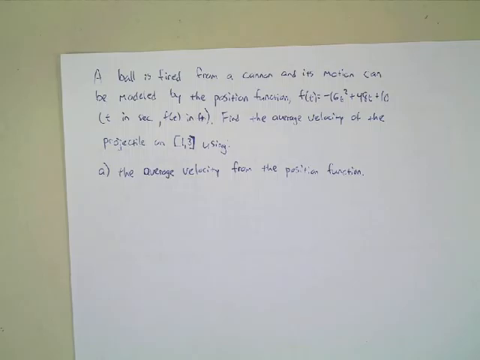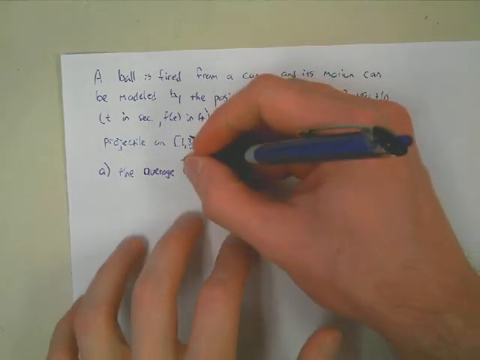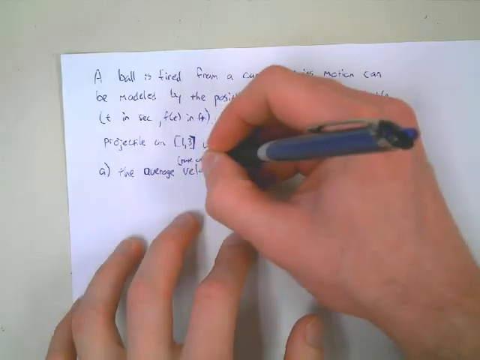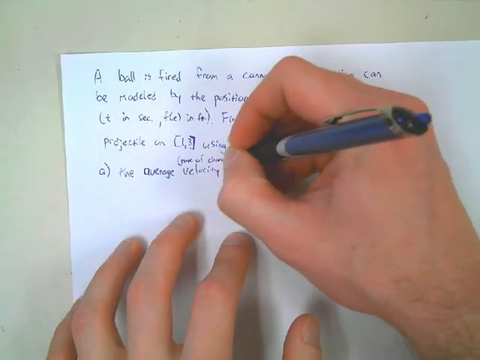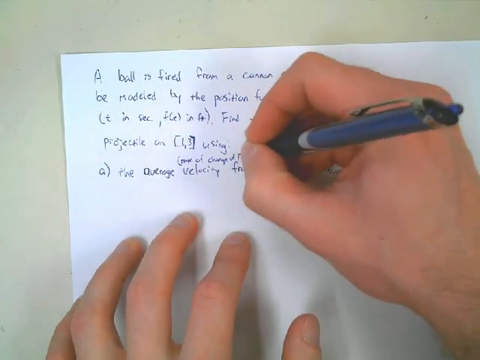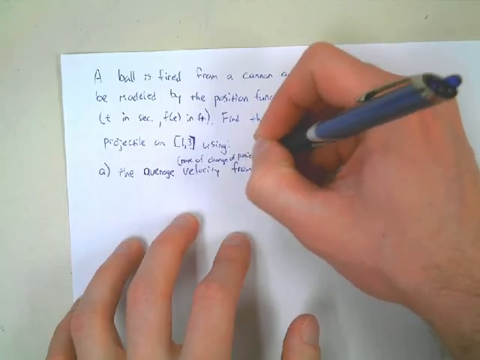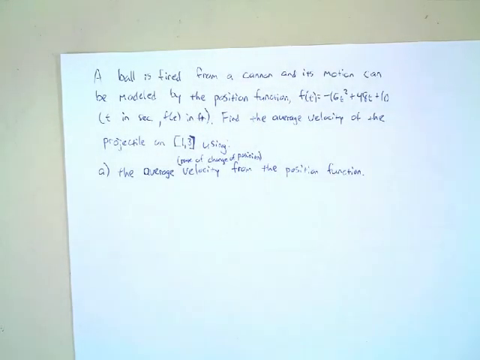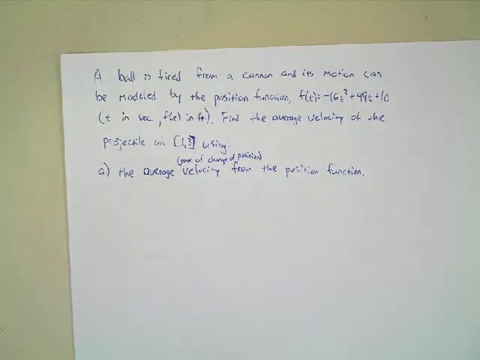Velocity, keep that in mind, is the same thing as the rate of change of position. So you can use the average rate of change formula, which was what Jack just mentioned, right? So you should be able to do it that way. So that's what you're supposed to do here. Average rate of change formula, like Jack had mentioned earlier. Okay.